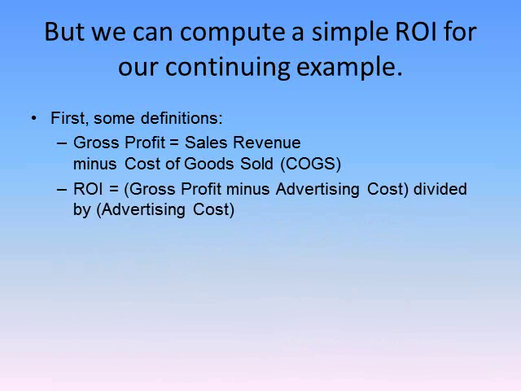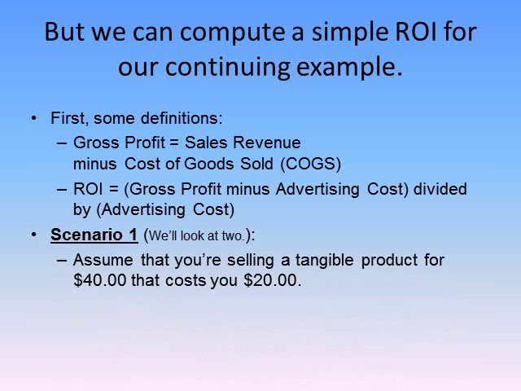So you have to know what gross profit is, and then you have to know that we're going to calculate return on investment by taking gross profit, subtracting our advertising costs, and dividing that by the advertising cost. That's the return on the investment. Gross profit minus ad cost divided by ad cost, expressed as a percentage, is return on investment. Now let's look at two scenarios about this. Two different ways this could go for the little company in our example.